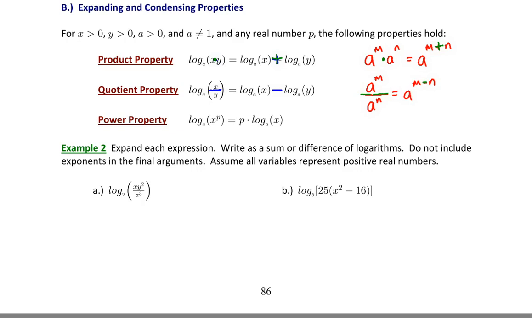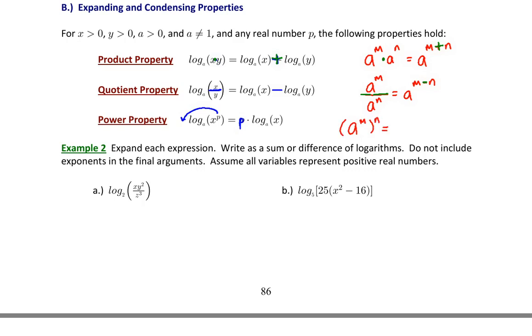And then finally, we have the power property. If we have log base a of x raised to the p power, we can actually take that exponent on the argument and move it down as a coefficient. So the parallel to this one in exponential form would be the situation where we have a power raised to another power.